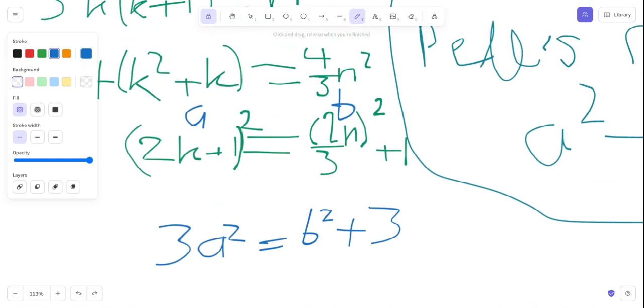What can we do from here? We have a 3 instead of a 1, which is troublesome.